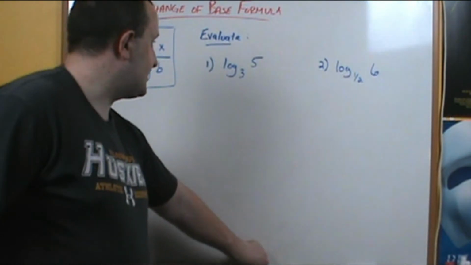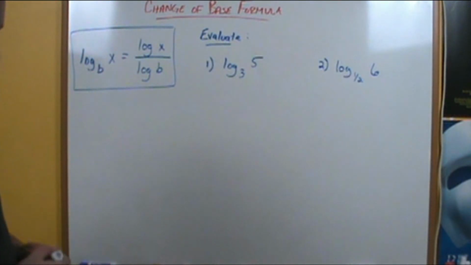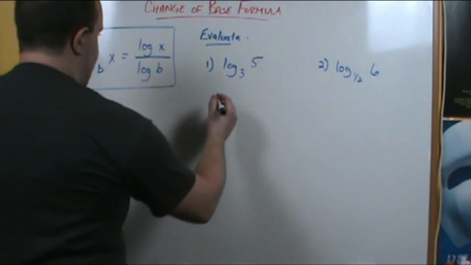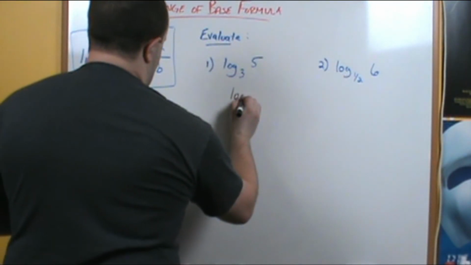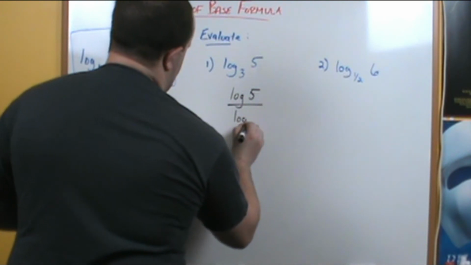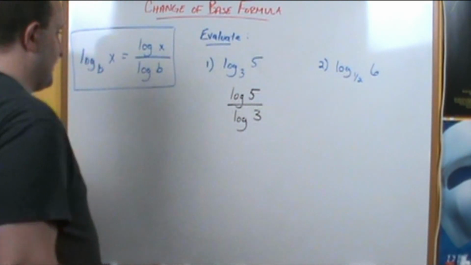Alright, so first example here, log base 3 of 5. Evaluate that one. By the change of base formula, we take the common logarithm of 5 and divide it by the common logarithm of the base, which is 3.